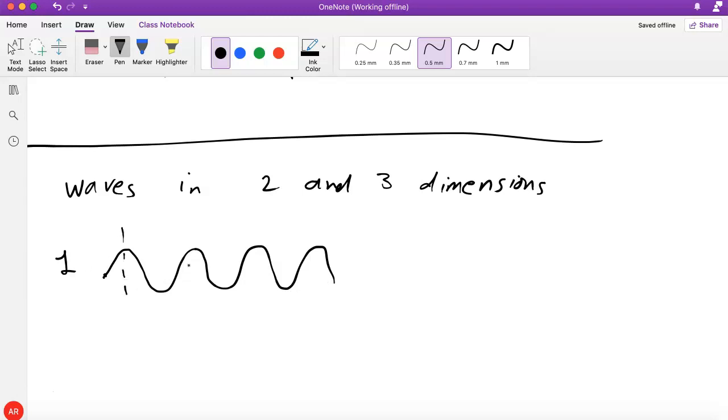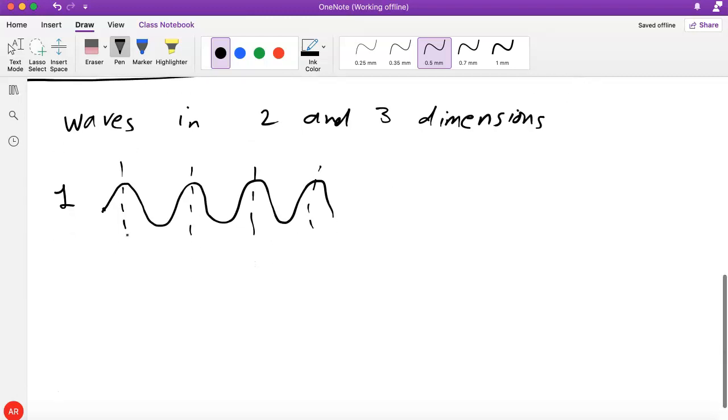If you think about the position of all the peaks, you can have this picture of wavefronts that are emitted from the source, and then they keep moving along the string at constant speed.